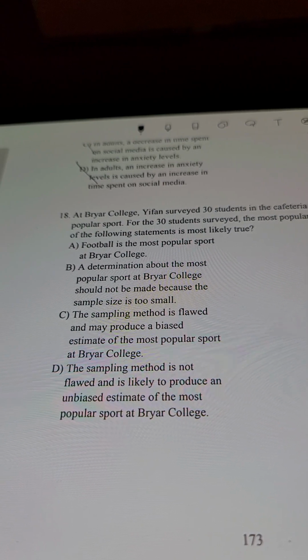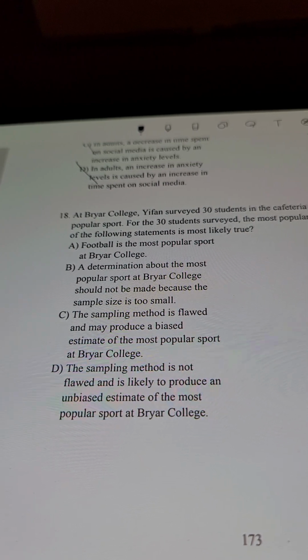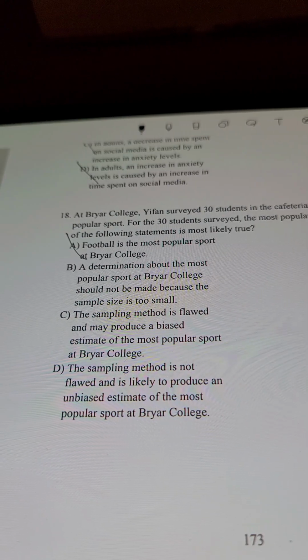Or there's something about that cafeteria that just leads those students to be not representative of the general population at Briar College. You don't know. You're not getting a good sense of everybody at the college. So definitely not A.